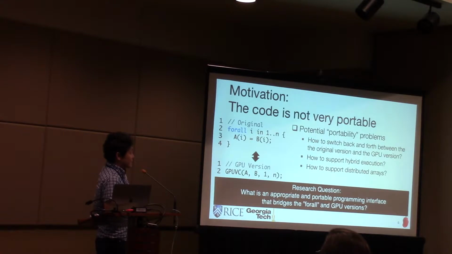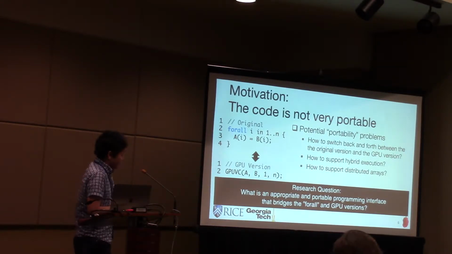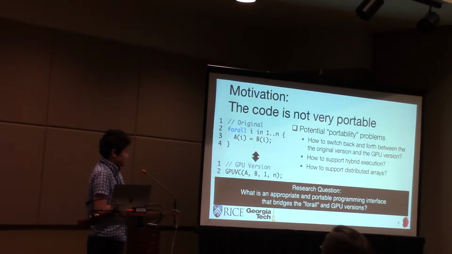In that case, if you want to change and not use this version, we have to go back to the original version, and somehow comment out this version and comment in that version or something like that. This is not very portable code. So the question is how do we easily switch back and forth between these two versions?